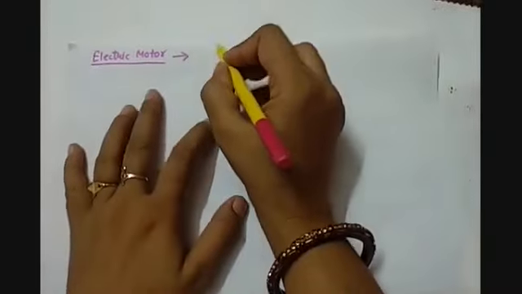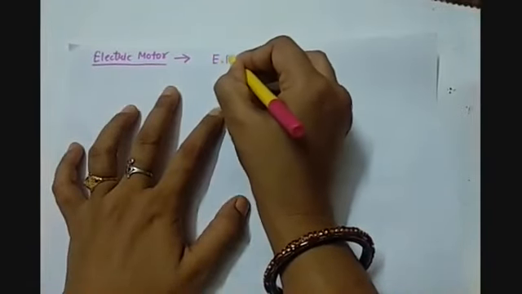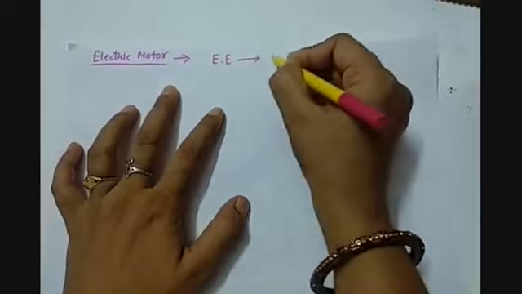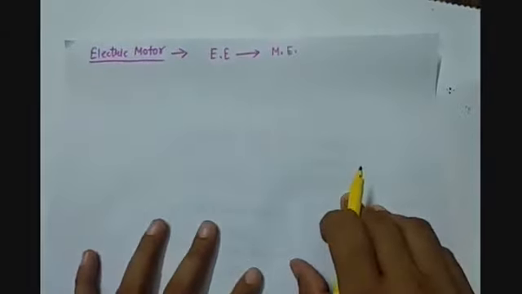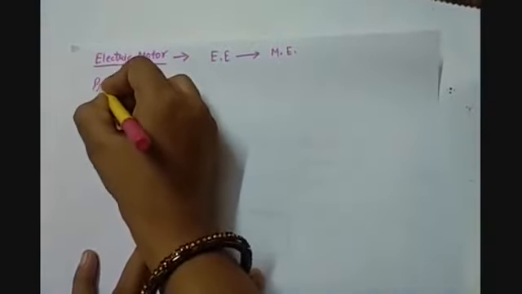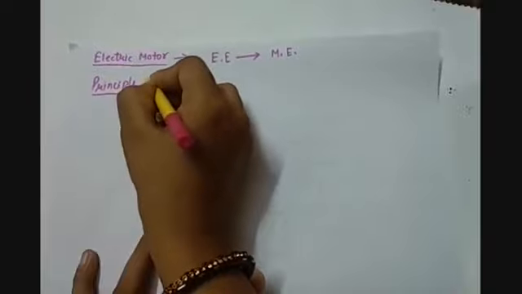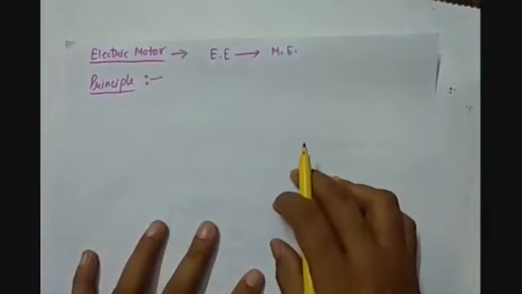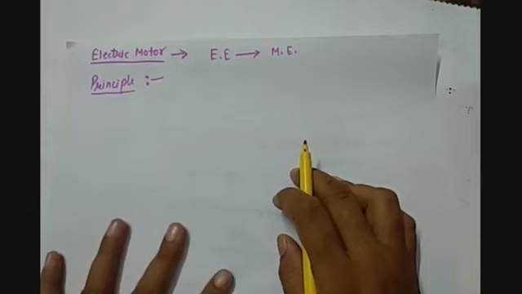So here what kind of conversion of energy is there? Electric energy is getting converted into mechanical energy. So this was the definition. Now we have to write the principle. Just now we have studied about the force on a current carrying conductor, that when the current carrying conductor is placed in a magnetic field, then a force is exerted on the conductor.